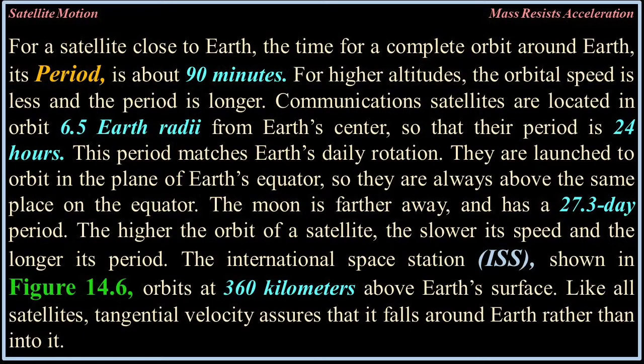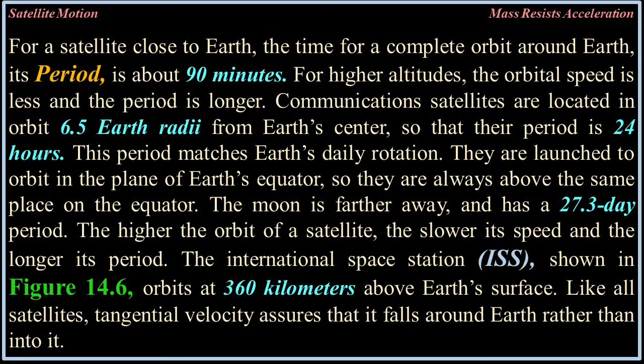This period matches Earth's daily rotation. They are launched to orbit in the plane of Earth's equator, so they are always above the same place on the equator. The moon is farther away and has a 27.3-day period. The higher the orbit of a satellite, the slower its speed and the longer its period.